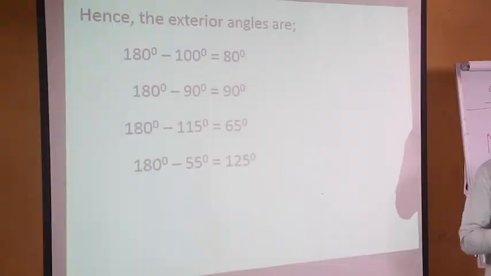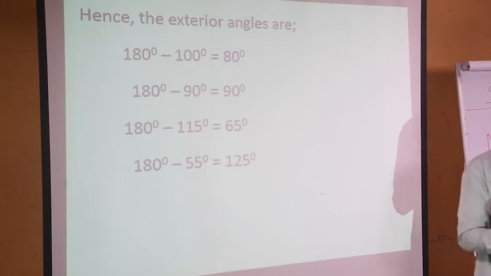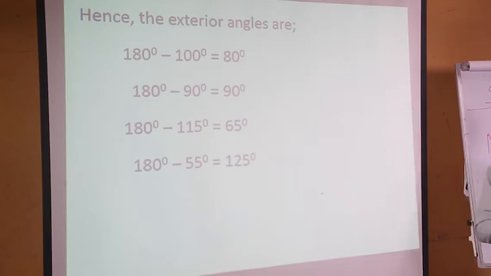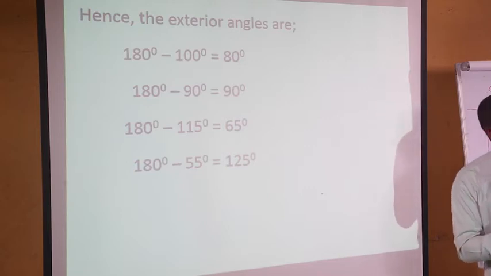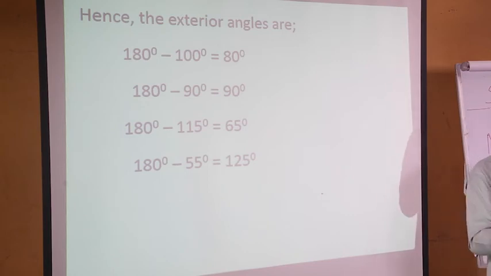That is not all, because all we have deduced are the interior angles of the quadrilateral. But the question says we are to find the exterior angle of each of the polygon. Now, the exterior angle plus the interior angle will give you 180 degrees.